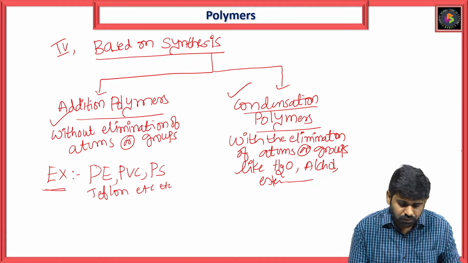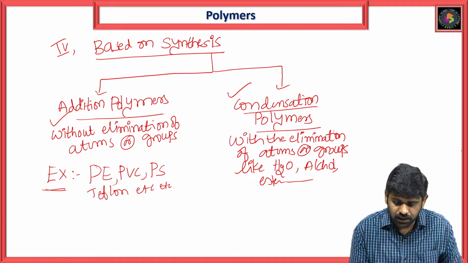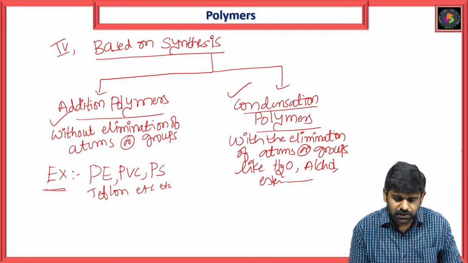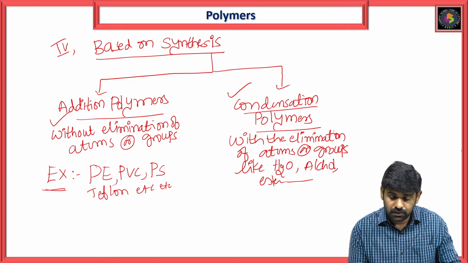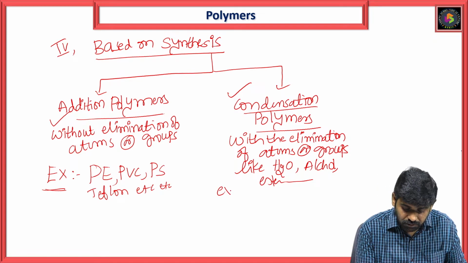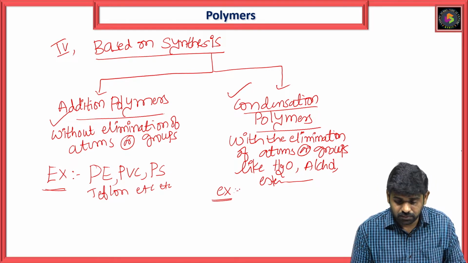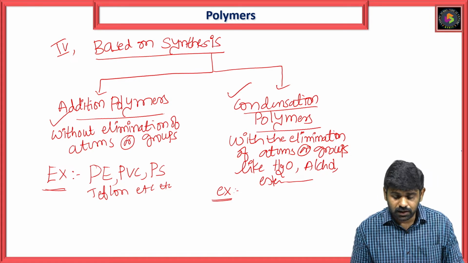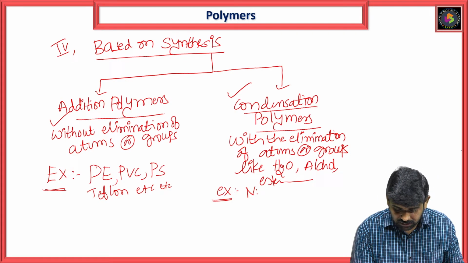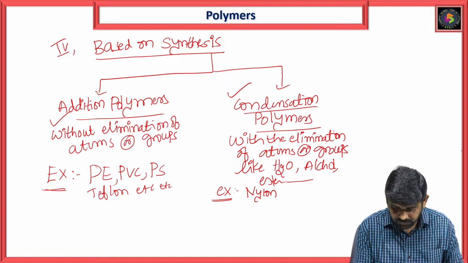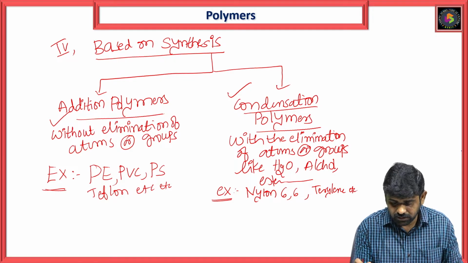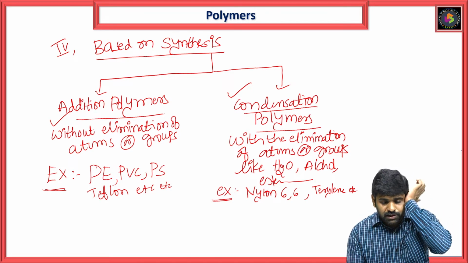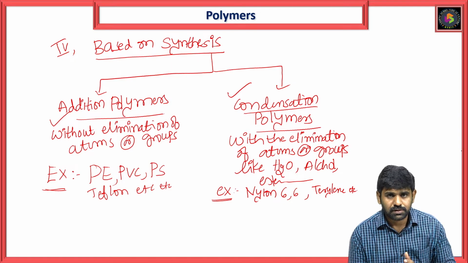So examples of condensation polymers, very familiar, that is nylon 6,6, terylene, etc. So with the elimination of atoms, right?